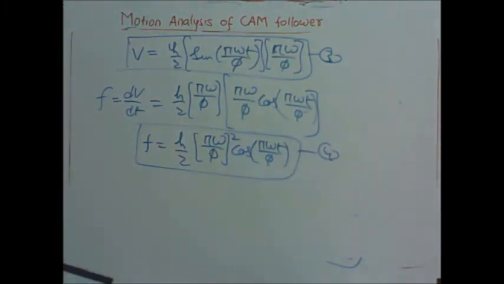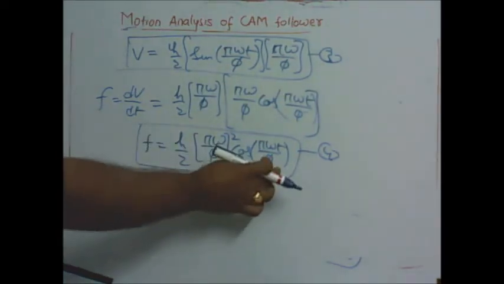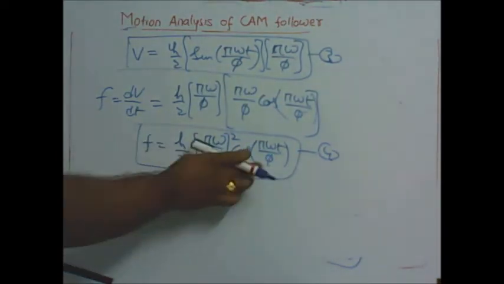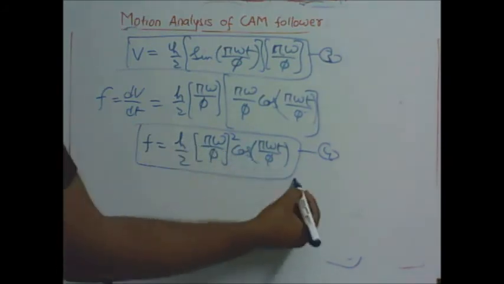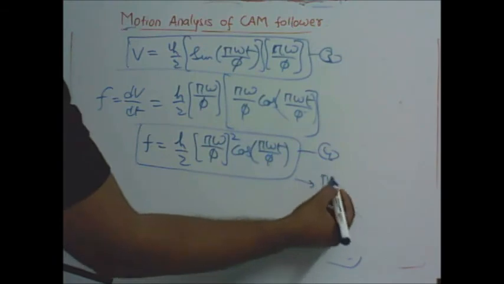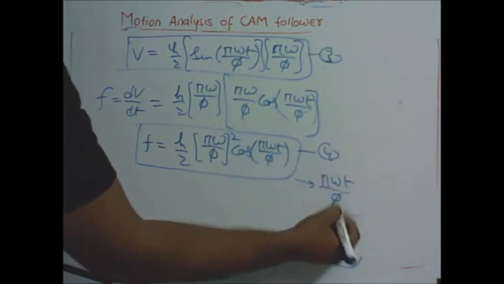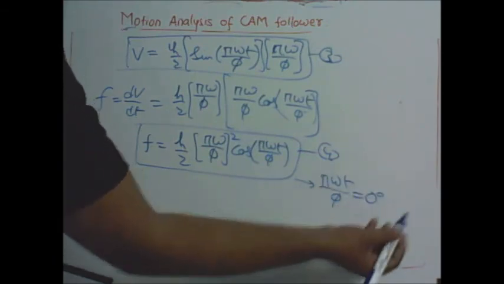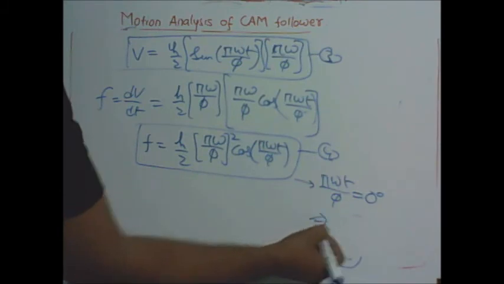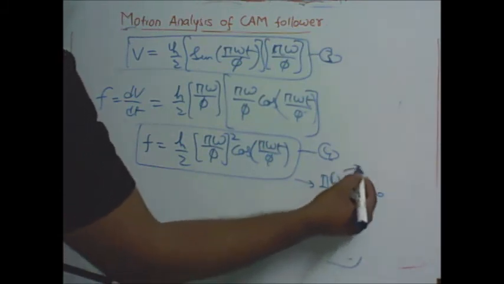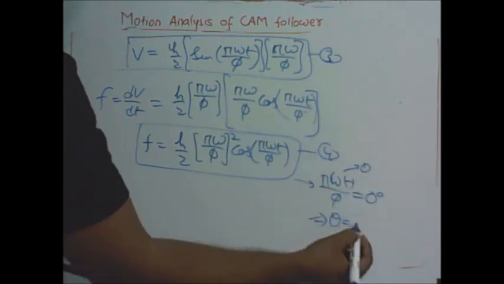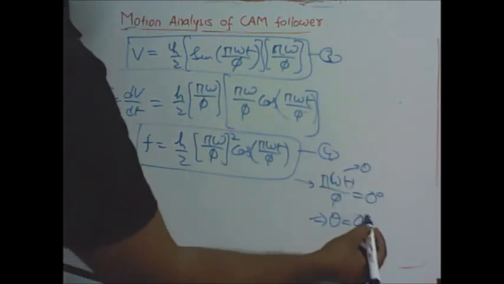So where can we get acceleration maximum? When this is a constant and only this is variable, acceleration can be maximum when the cos value is 1. And where is the cos value 1? When pi omega t by phi equals 0 degrees or pi degrees or n pi, where n is an integer. Now if it is 0 degrees, omega t is nothing but theta, so theta equals 0 degrees.